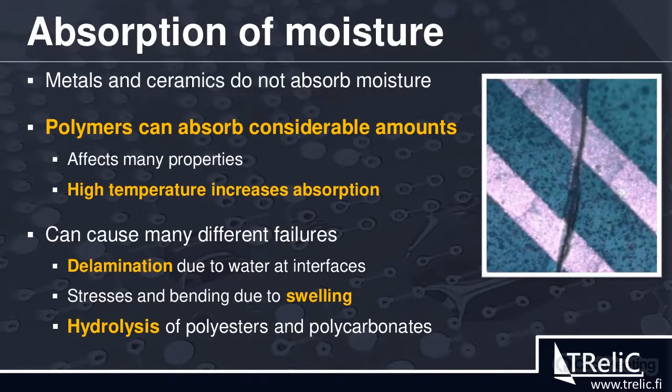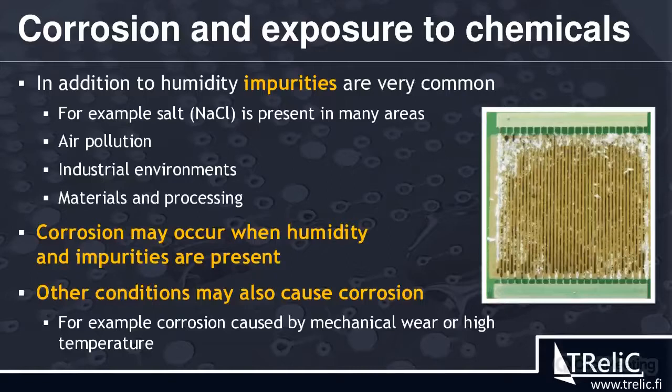And then there are some other processes, for example, hydrolysis of polyesters and polycarbonates, which basically breaks the material and can cause failures due to embrittlement, which can be quite problematic. Then corrosion is, as I mentioned, quite often related to humidity, but also a big issue in many, many areas, and a very typical reason for failures.